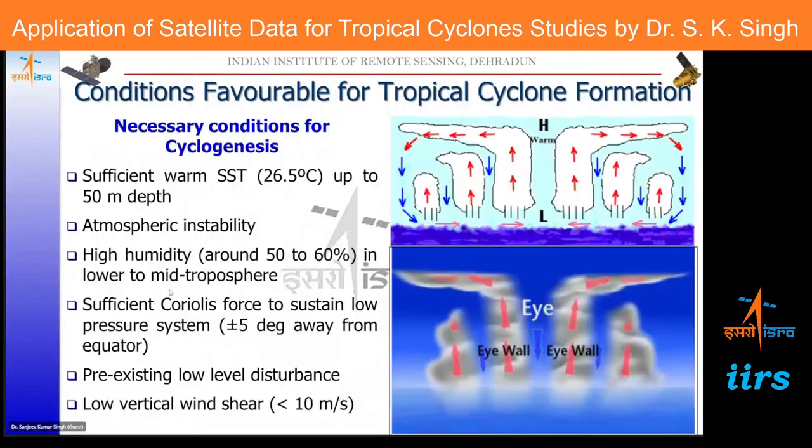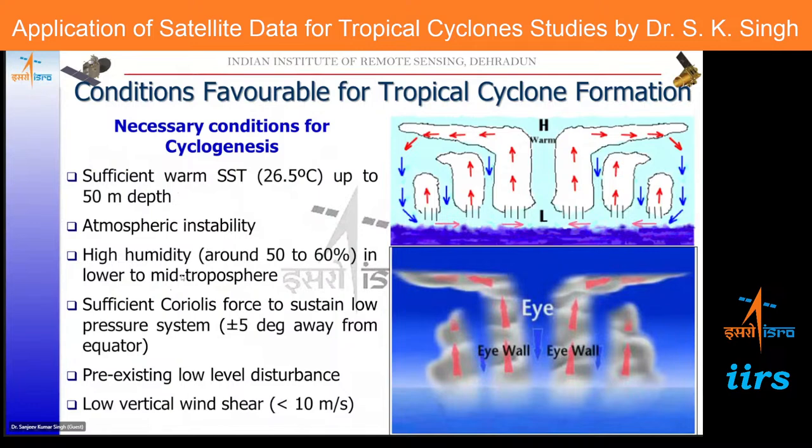Coming to the necessary conditions for tropical cyclones, there are dynamic and thermodynamic conditions for tropical cyclone formation. I have listed the necessary conditions here. These are not sufficient: if any cyclone forms, it definitely follows these criteria, but if these criteria are met, it doesn't mean a tropical cyclone will form.